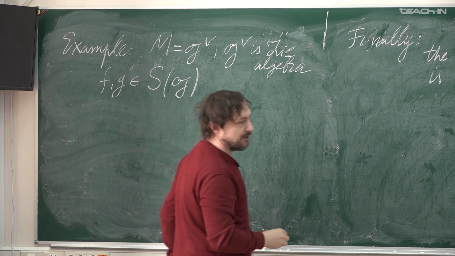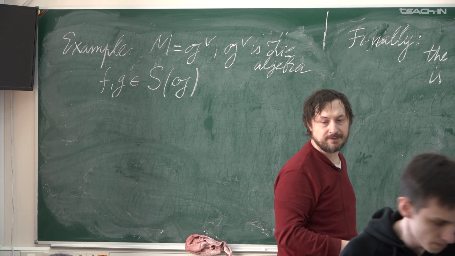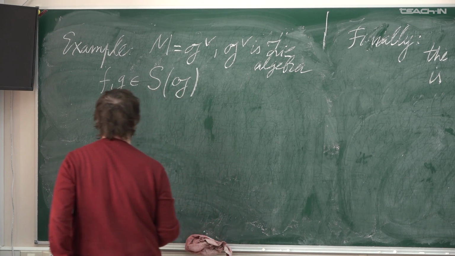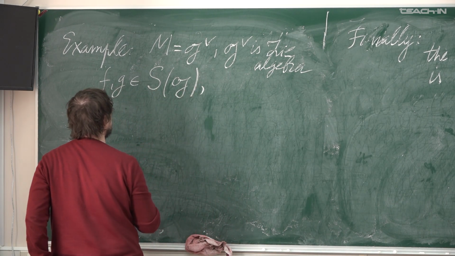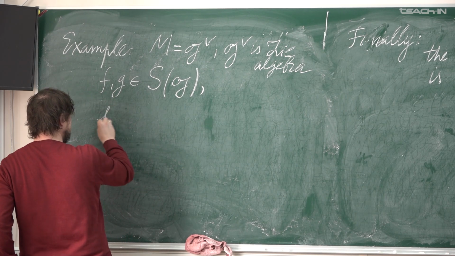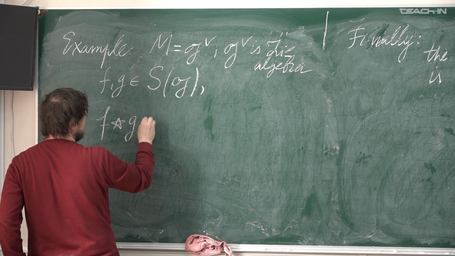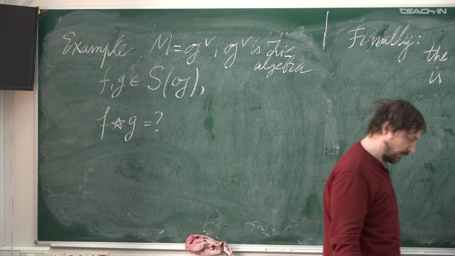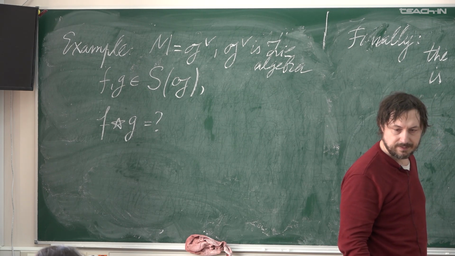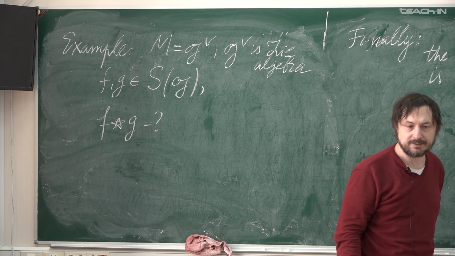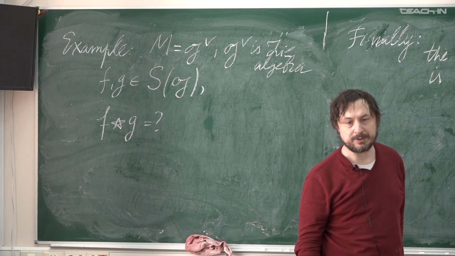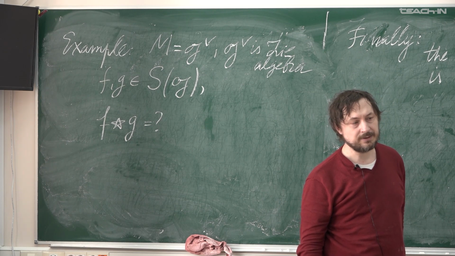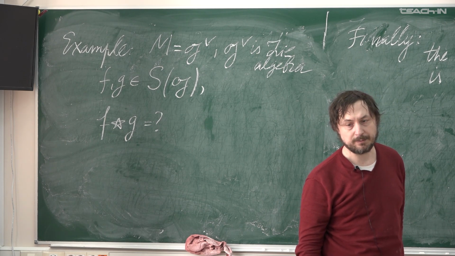They are elements of the symmetric powers of g itself. We need to define f star g. There are a few ways you can do this, and I'll discuss these ways in future, when we talk about some other constructions. But now I'll just use the famous Poincaré-Birkhoff-Witt theorem.